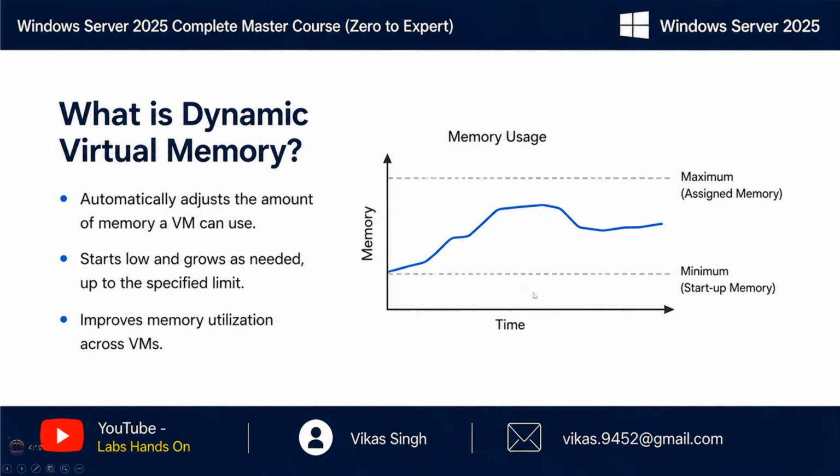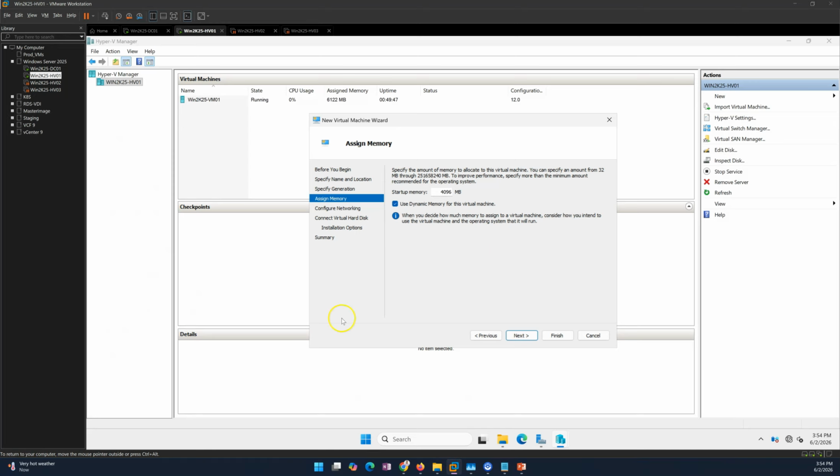This is commonly used when you have multiple virtual machines running on one Hyper-V host and you want to make sure the physical memory is optimized for all the virtual machines. You can see the minimum memory to start and the maximum assigned memory, and it depends on how much memory the virtual machine requires at a specific time. I'll go ahead and not select this now.